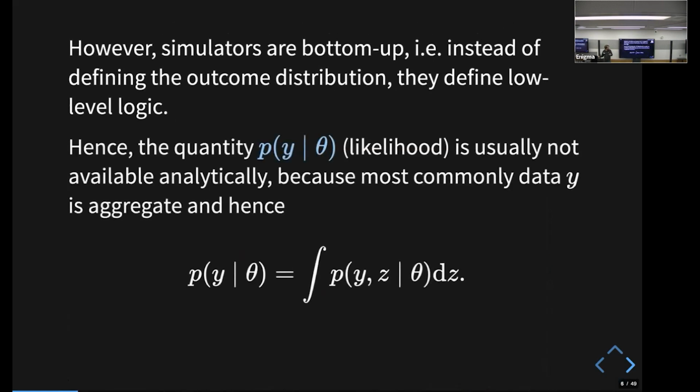The problem then is, if you wanted to compute the probability of any output, you would need to do this kind of integral, where you look at every particular microstate a simulation can have and average over all microstates that exist. And that is usually a completely intractable problem.